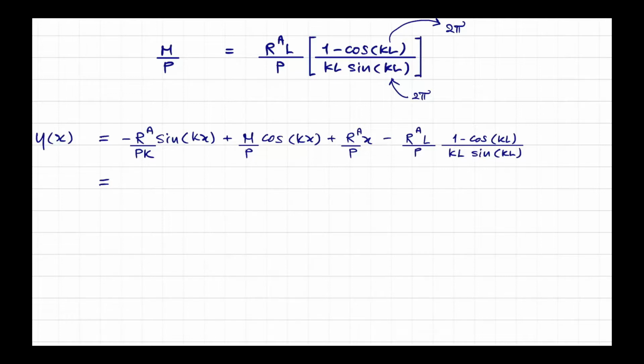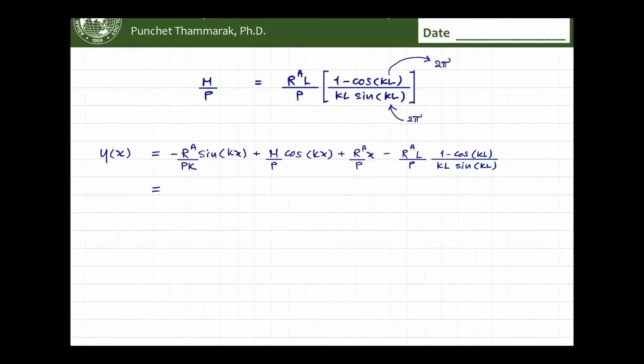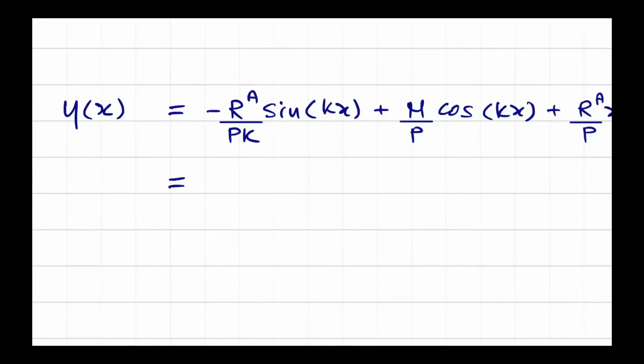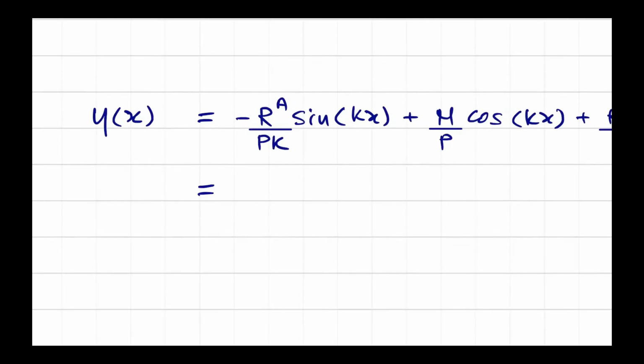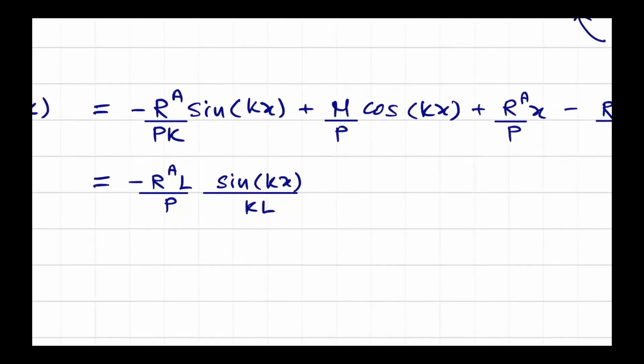So the difference is just the cosine value, right? Alright, one minute. So I have minus AL over P multiplied by sine kx over kl. Okay, let's fix the first term.